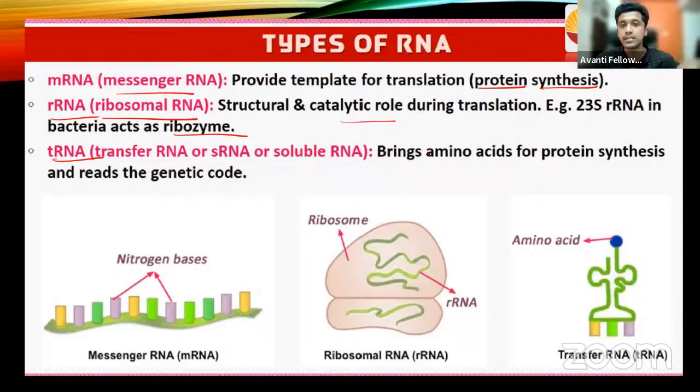Adapter molecule means it recognizes the specific codes in your RNA sequence. For example, if you have 3 codes in your mRNA sequence, your tRNA also has complementary codes, or anticodons, in it. And for this code, it will bring a specific amino acid and it will assemble during protein synthesis. And tRNA has a tremendously important role when it comes to translation.